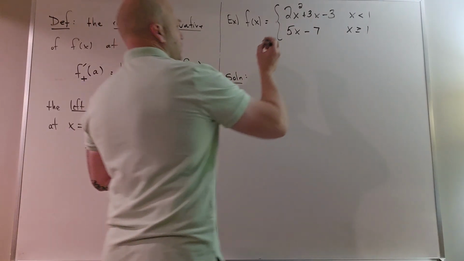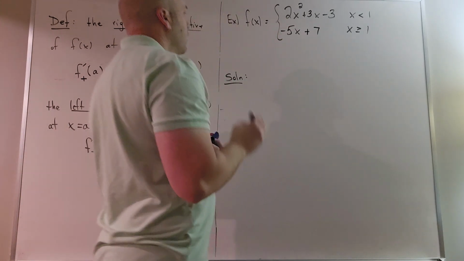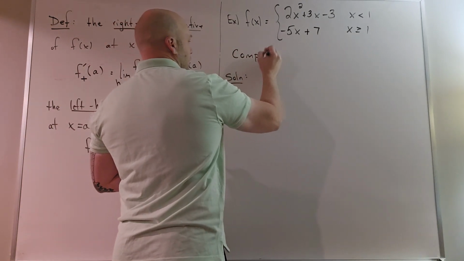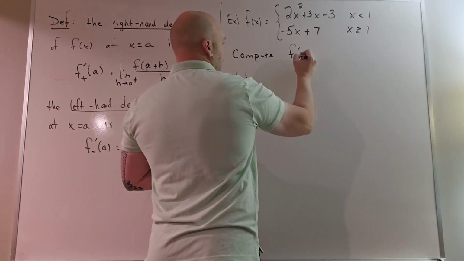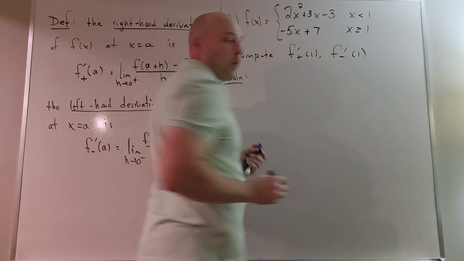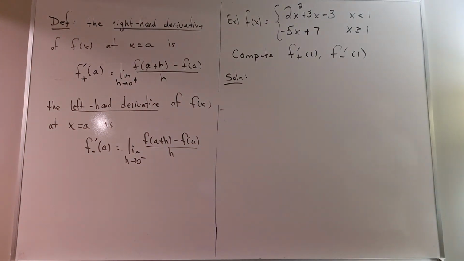Let me change this sign and this sign. Okay, let's compute the right-hand derivative at 1 and the left-hand derivative at 1. So it's going to be the right and left-hand derivative for this piecewise function.